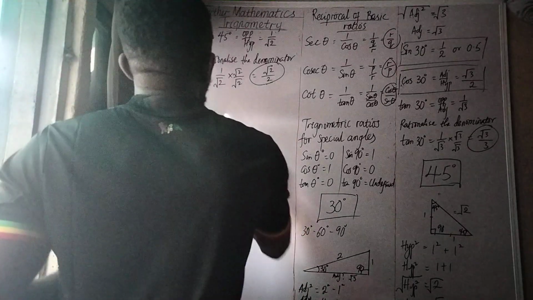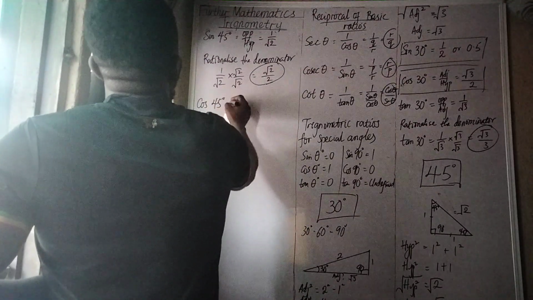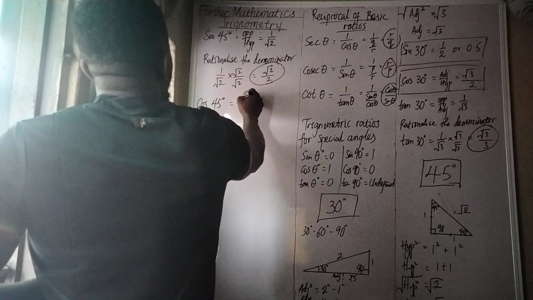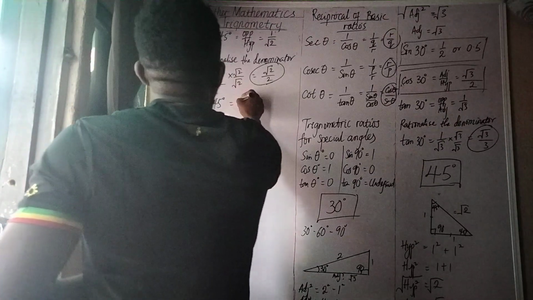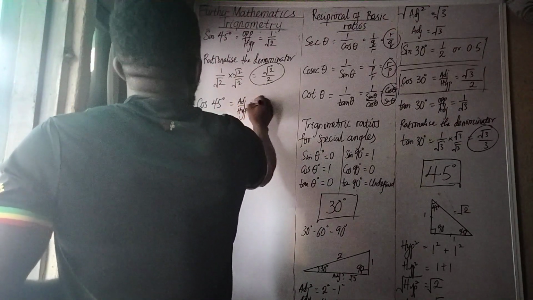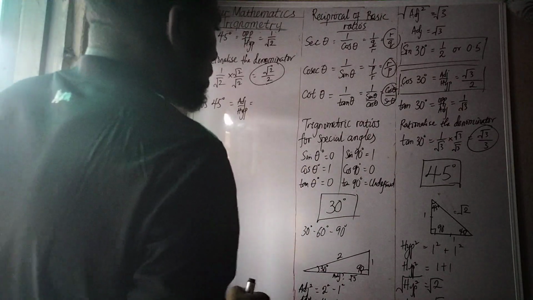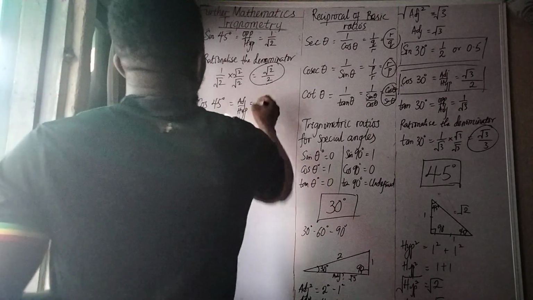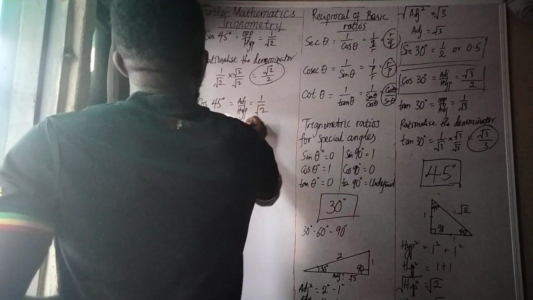So next is cos 45 degrees. Cos 45 degrees will give us adjacent over hypotenuse. And our adjacent from what we have there is 1, and our hypotenuse is root 2.